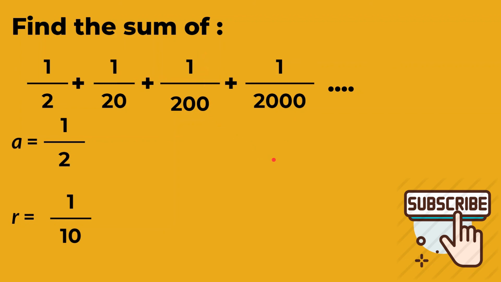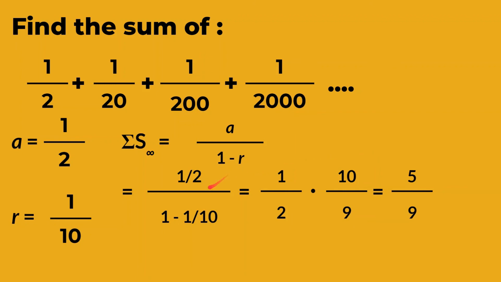And here we don't need n because we know that it's infinity, and in the formula also n is not there. So the formula is the summation of the series till infinity is equal to a divided by 1 minus r. So a is 1 upon 2 divided by 1 minus 1 upon 10. So 1 minus 1 upon 10 is 9 upon 10.